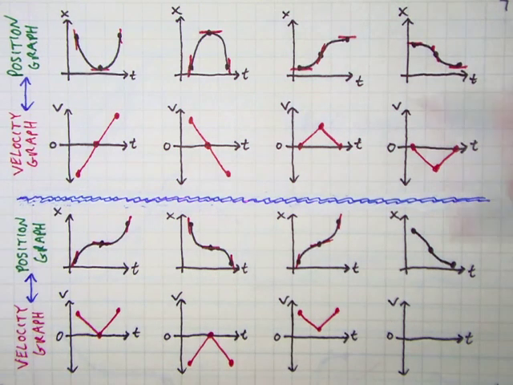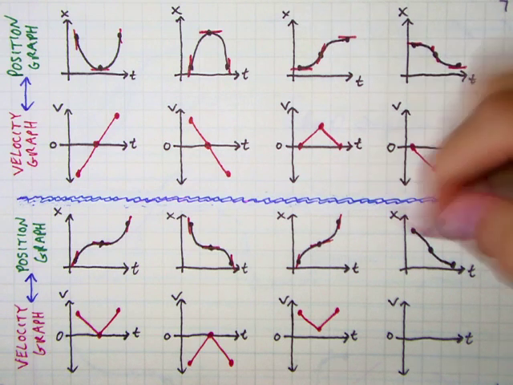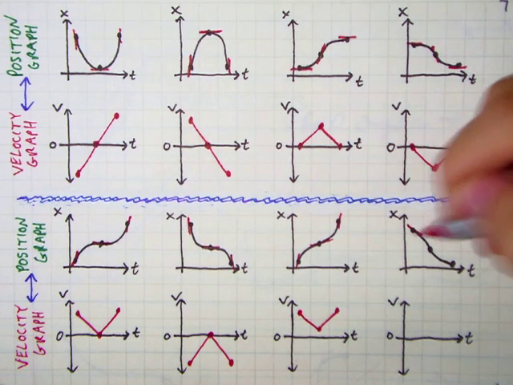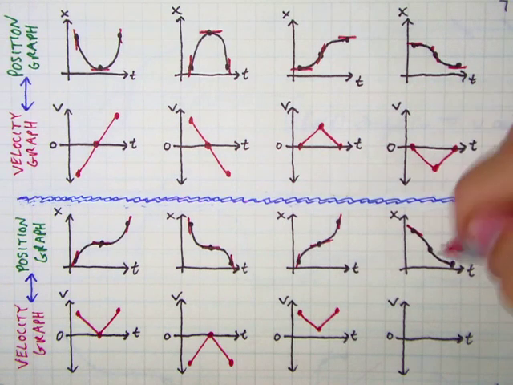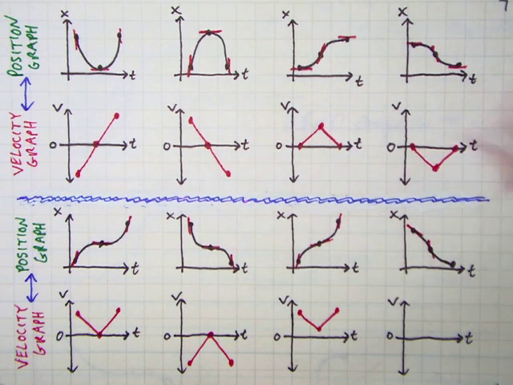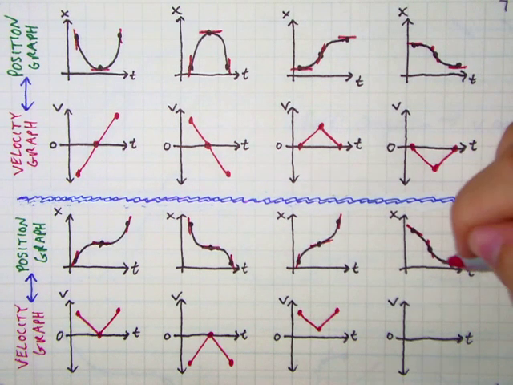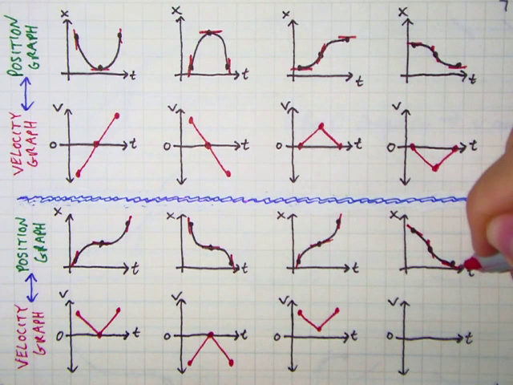All right, over on this one, I want you to compare this graph to this graph up here. And this one, we started from rest, moved negative, and came to rest again. This time, we're not starting from rest. We're moving right from the get-go, moving in the negative x direction, then moving more quickly in the negative x direction. We sped up and then slowed down, but are still moving in the negative x direction by the end.